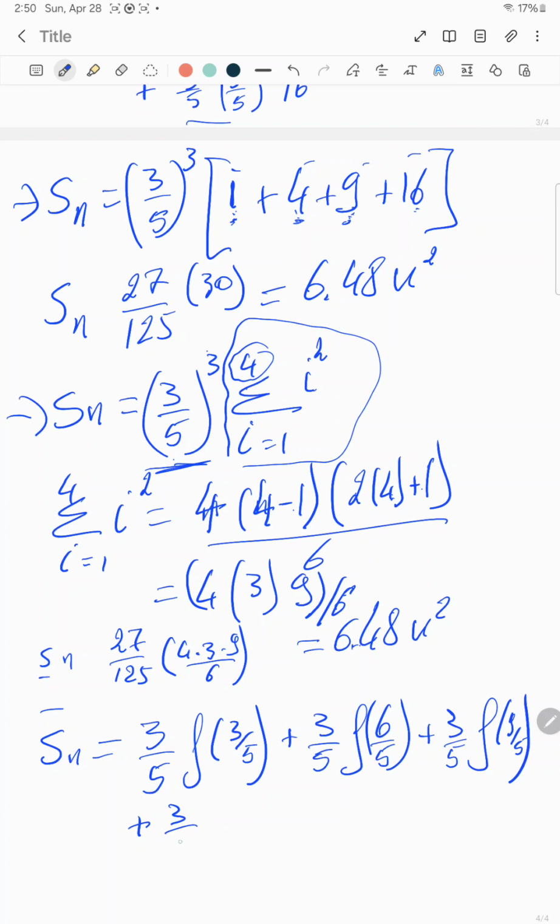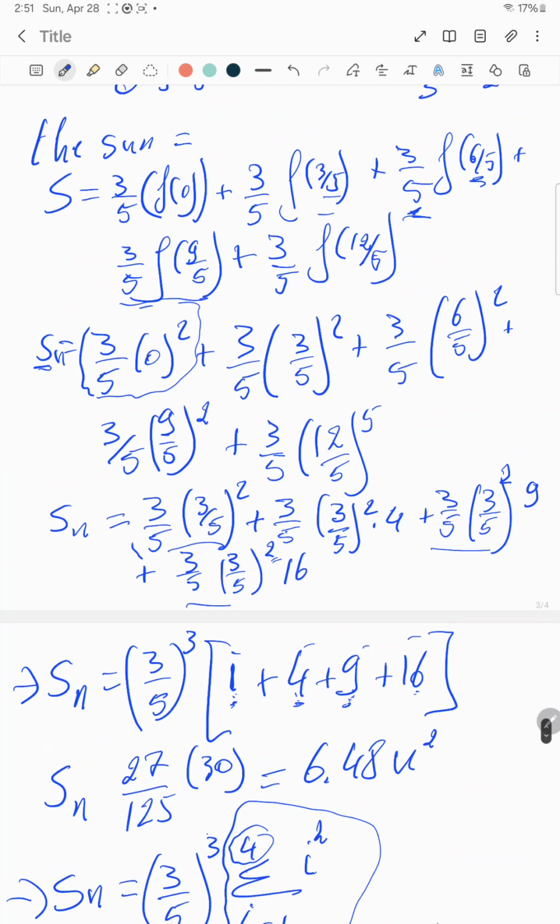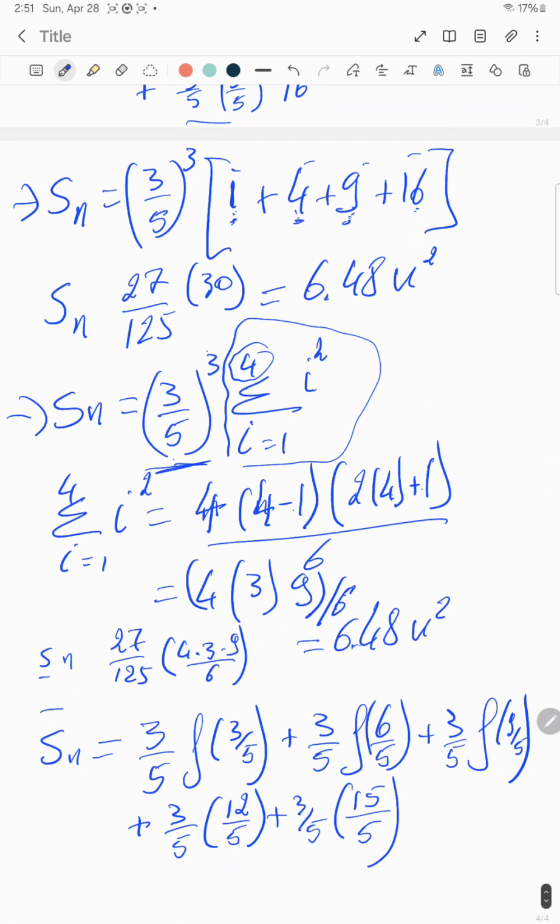Plus 3 over 5 times 12 over 5 plus 3 over 5 times 15 over 5. You do the same logic that I did here. It's exactly the same thing, and you do your calculation, and you will find that Sn is equal 11.88 units square.